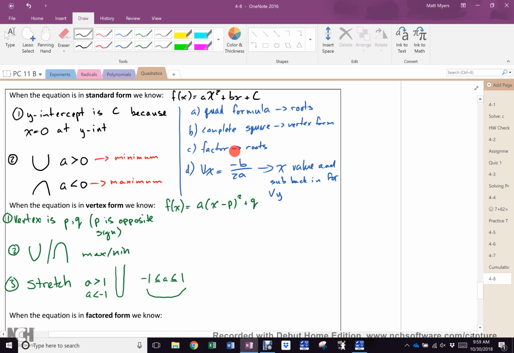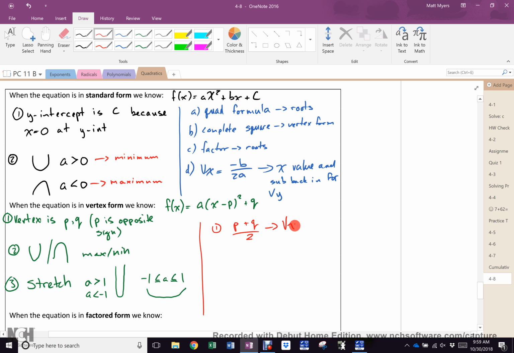And what is the math we can do to the vertex form? So p plus q divided by 2 gives me what? Vx.